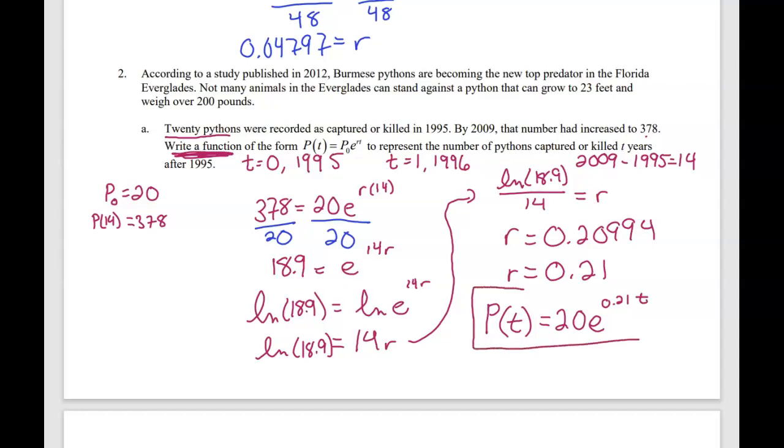So my function in terms of t will be this. Anytime that you need to write a function, you're going to have the t or an x left. You're not going to use that final amount anymore. You will use your r, and you will use your initial amount.